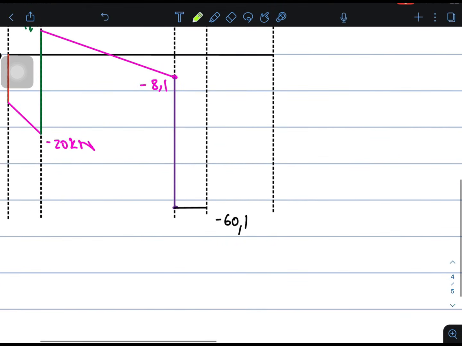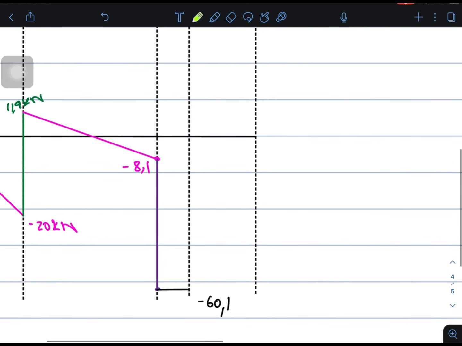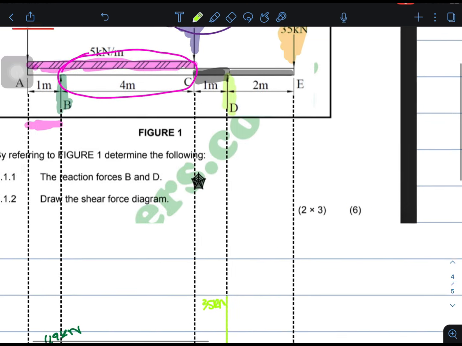We're going upwards, guys. So negative 60.1 plus 95.1 is going to be 35. So let's say 35 is there. Okay, 35 kilonewtons.